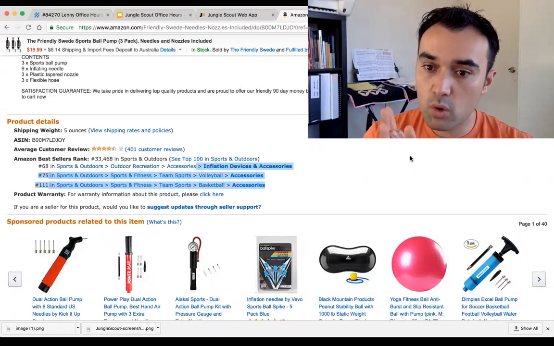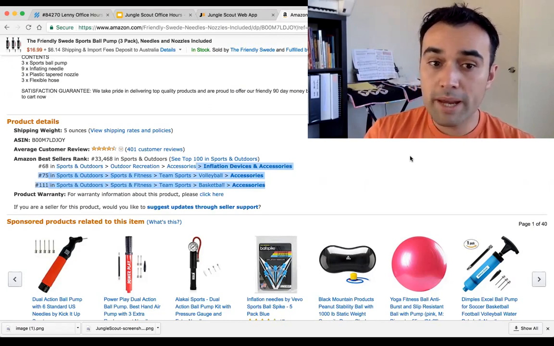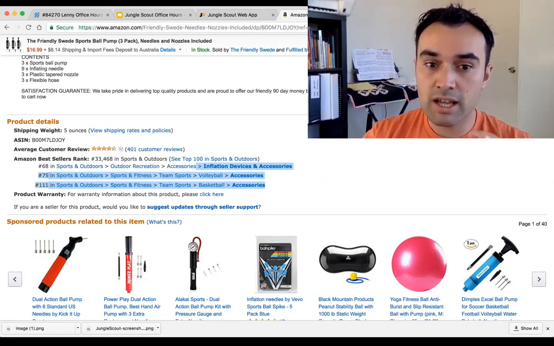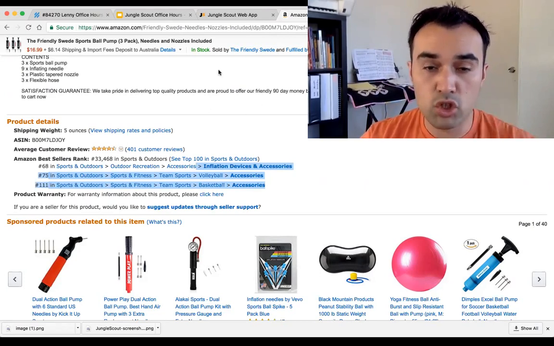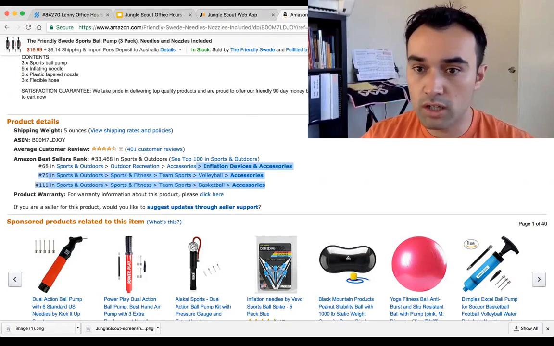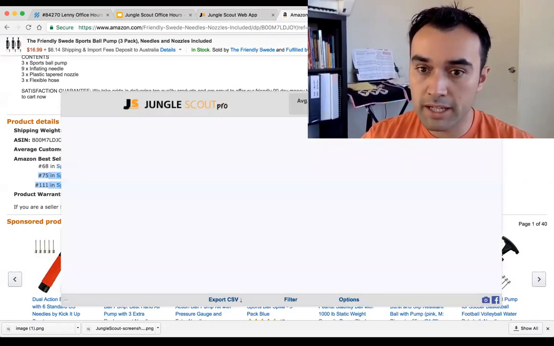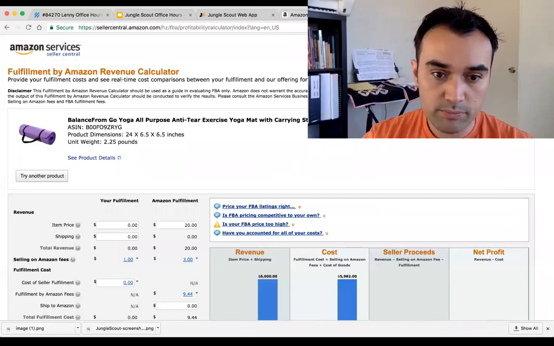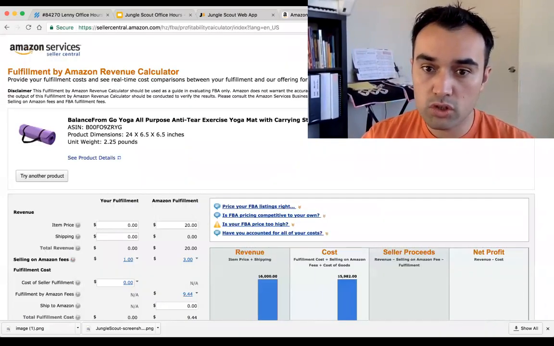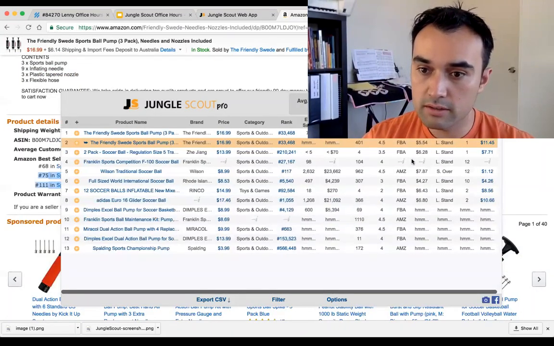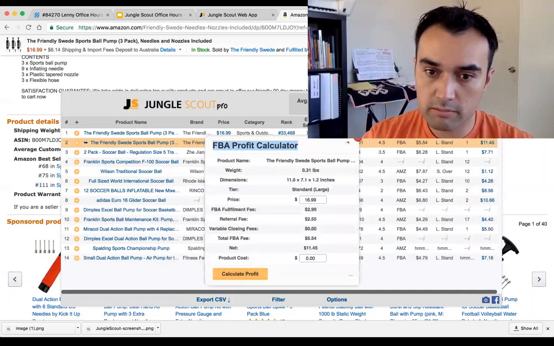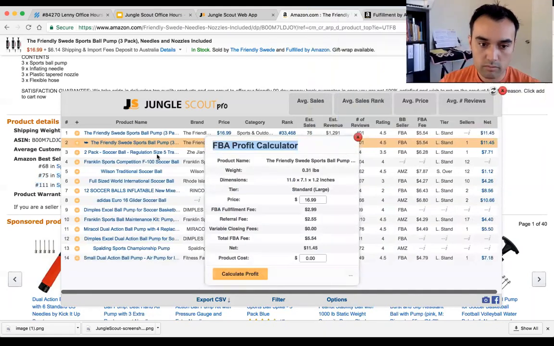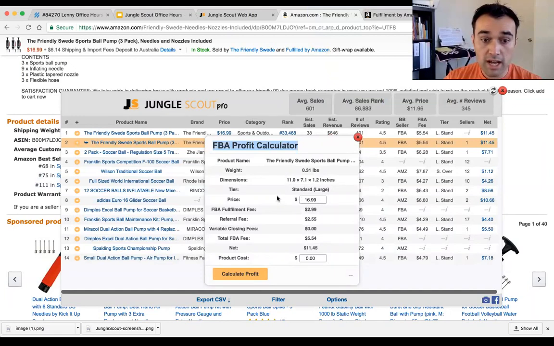Peter says, you didn't have to tell the calculator the size and weight of the product. No, Peter, because it is grabbing that information from the product that you input. So whether you're using Amazon's calculator over here, or whether you're using our profit calculator over here, this calculator has grabbed the dimensions from the listing that I clicked on.